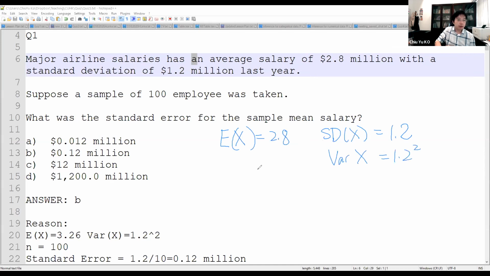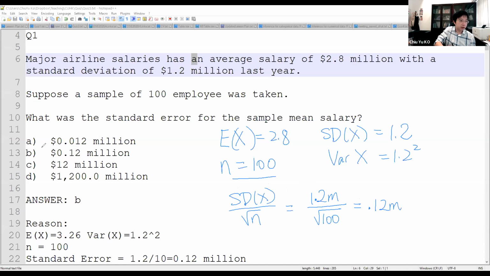The sample size n is 100. So what is the standard error? It is SD over root n. The standard deviation is 1.2 million over root 100. So it's 0.12 million.